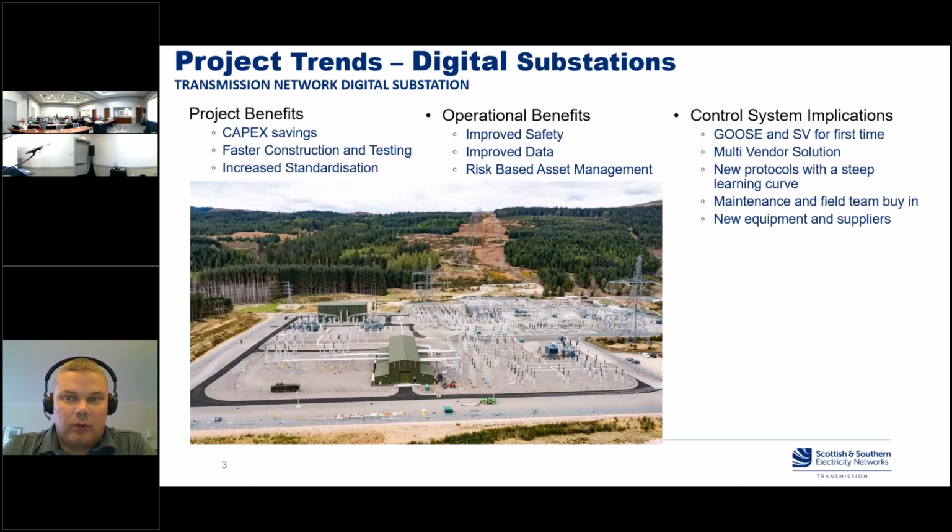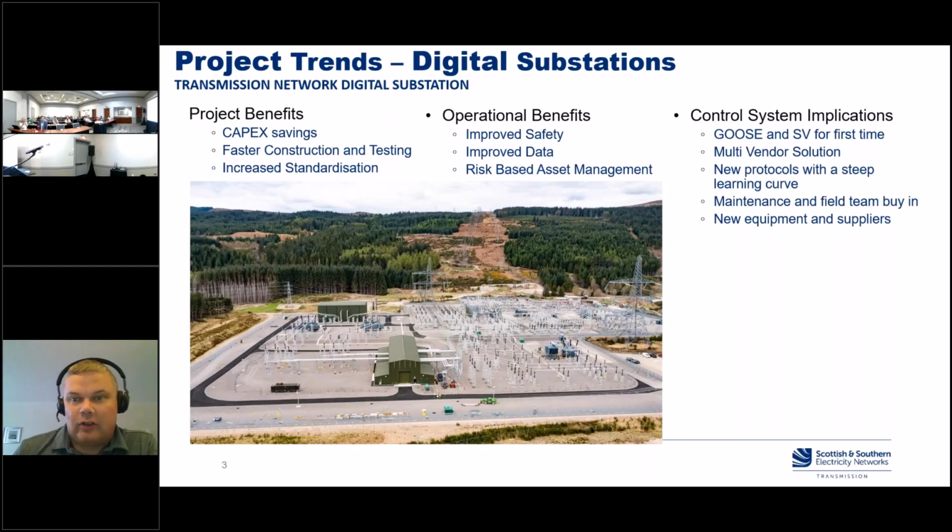We obviously as well want maintenance and field team buy-in. That's something that we've learned from our initial station bus delivery, where we probably didn't have enough of that. And when we went to site, a lot of what we were presenting with 61850 was a surprise and very new to them. So for the development of the process bus solution, we've engaged with them at a much earlier stage and tried to explain what's going to change along the way and the implications of building a fully digital substation.